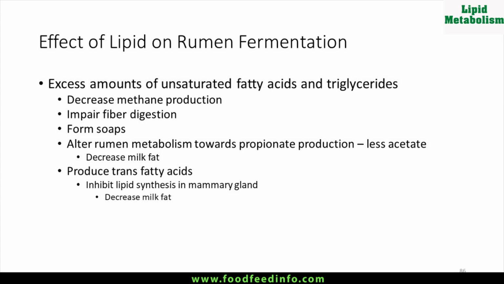Calcium salts of long chain fatty acids are very important. They can bind the salts, and there is also soap formation. They alter rumen metabolism towards propionate production and less acetate, which can decrease milk fat. There is also production of trans fatty acids due to microbial fermentation. They inhibit lipid synthesis in the mammary gland and decrease the milk fat content.